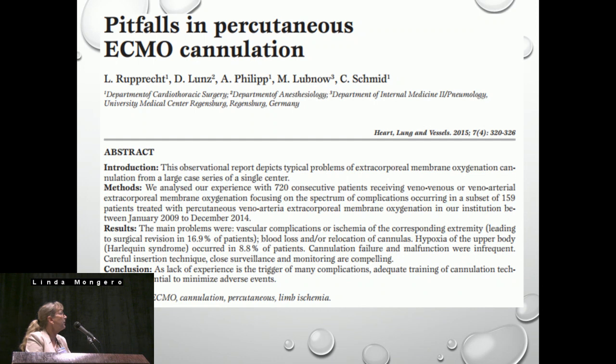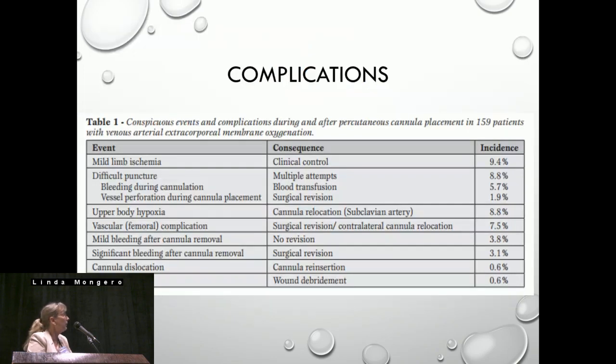The main problems looking at some of the pitfalls were vascular complications, which completely makes sense. Basically what they said is lack of experience is the trigger of many complications. Adequate training of cannulation techniques is essential. And I totally agree with that, and I think it's a take-home message if you're gonna be starting up an ECMO program.